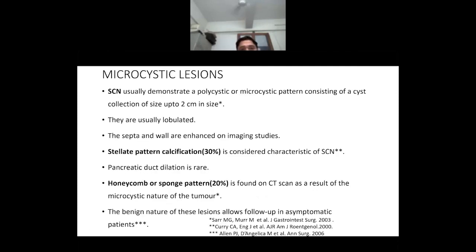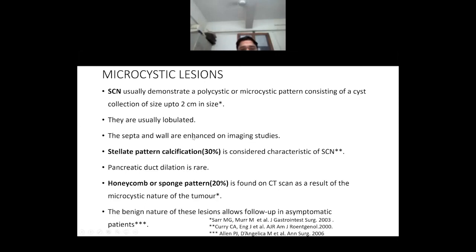Coming to microcystic lesions, serous cystic neoplasms usually demonstrate a polycystic or microcystic pattern consisting of a collection of cysts up to 2 centimeters in size. They are usually lobulated, and the septa and wall are enhanced on imaging studies.